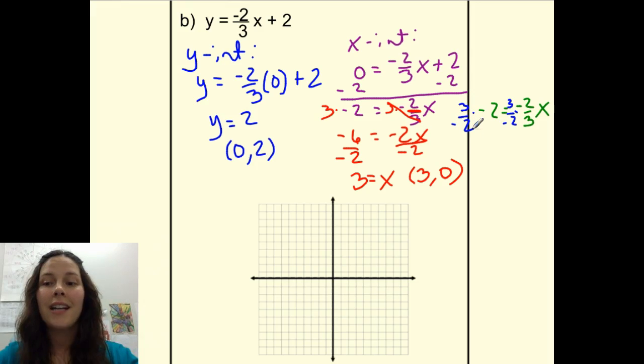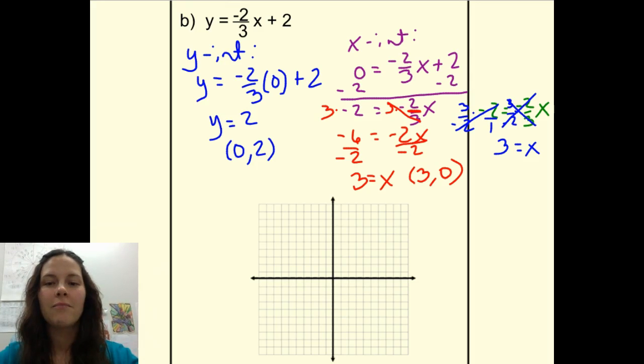On the right-hand side, again, the 3 in the numerator cancels with the 3 in the denominator, and the -2 in the numerator cancels with the -2 in the denominator, leaving you with x. On the left-hand side, you can think about your -2 being over 1, and the -2's cancel, leaving you with 3.